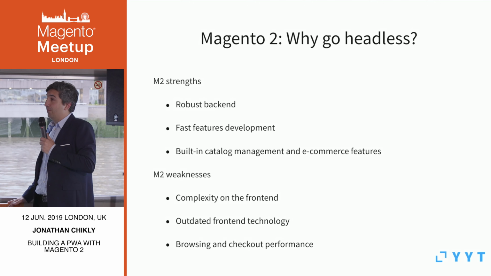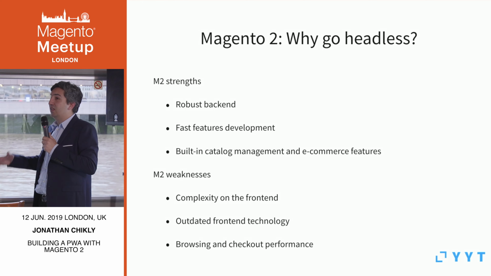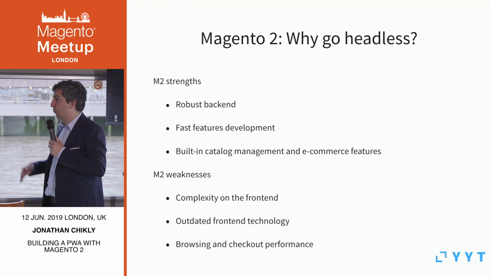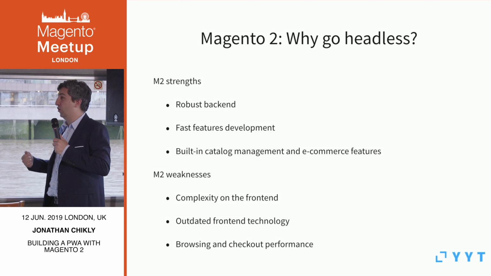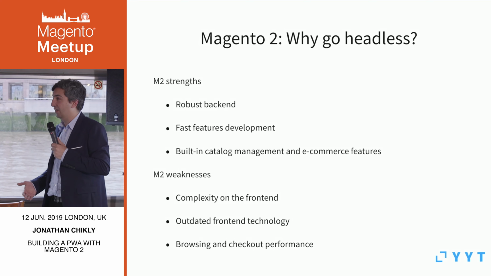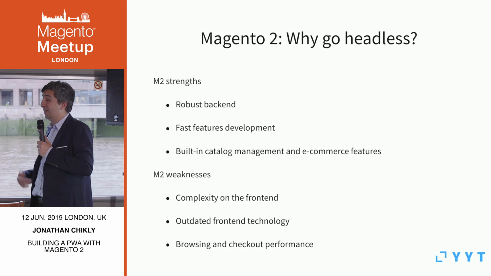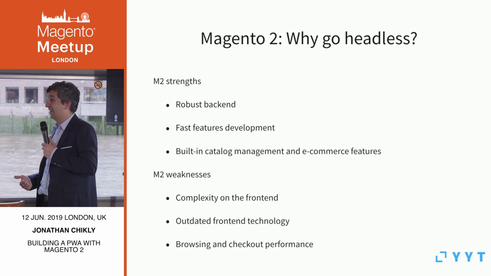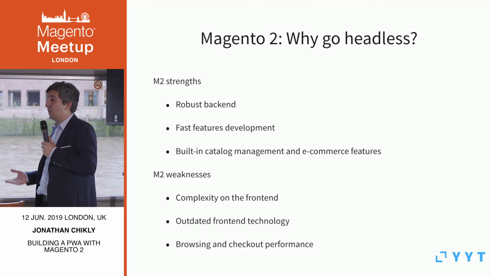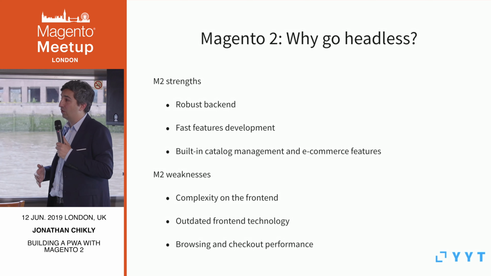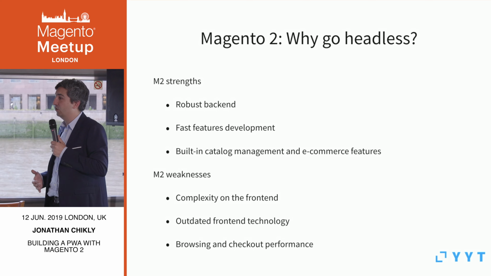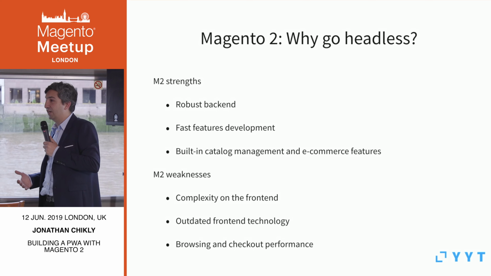Well, there are many good things about Magento 2. Mostly it comes built in with a lot of e-commerce features such as the catalog, user management, and order management. It's relatively robust and fast to build new features on the back end. However, on the front end, it has a lot of outdated technology, including, for example, Knockout.js.